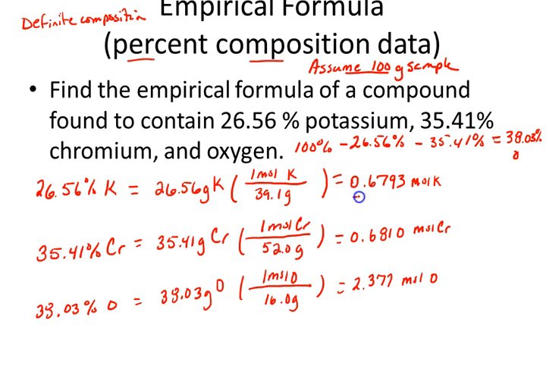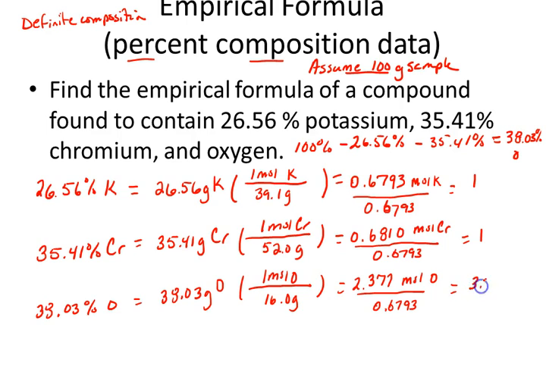Then to get our whole number ratio, we're going to divide each value by 0.0793. And that equals 1. Those are 6's, not 0's. This is also going to round to 1.